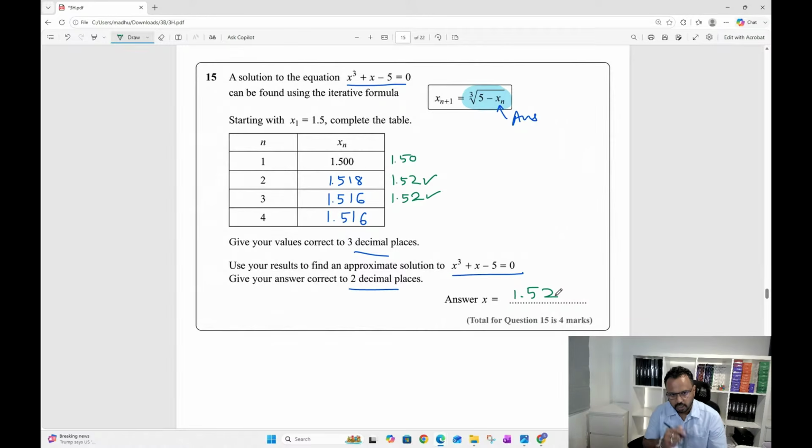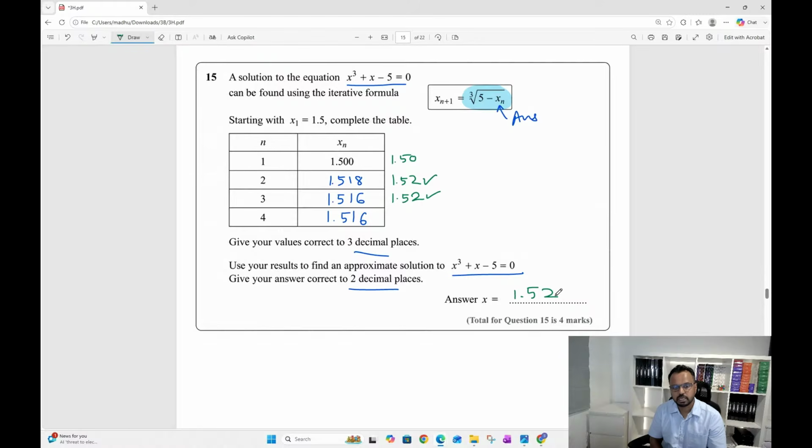Well done to all of you guys who got 1.52. How is it, guys? Give me some reaction, thumbs up or something if you understand it now.